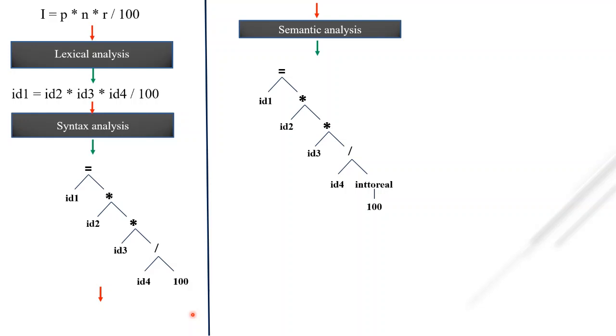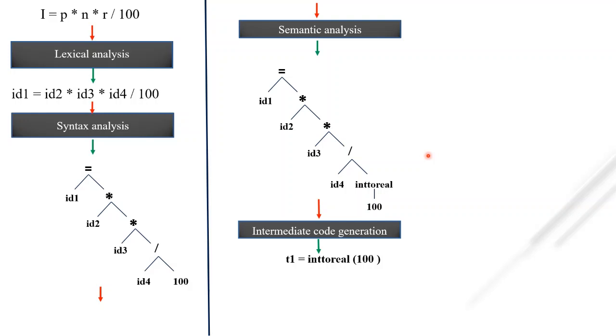Now intermediate code is generated, which is machine independent code. First, this integer to real is stored in temp1. After that, ID4 is divided by this temp1.